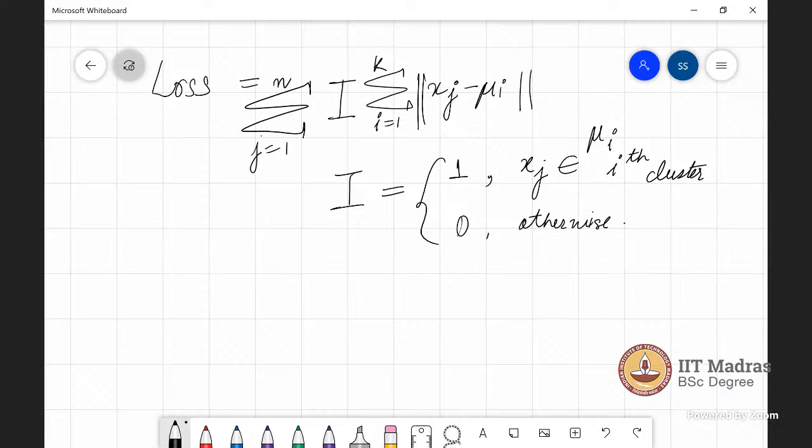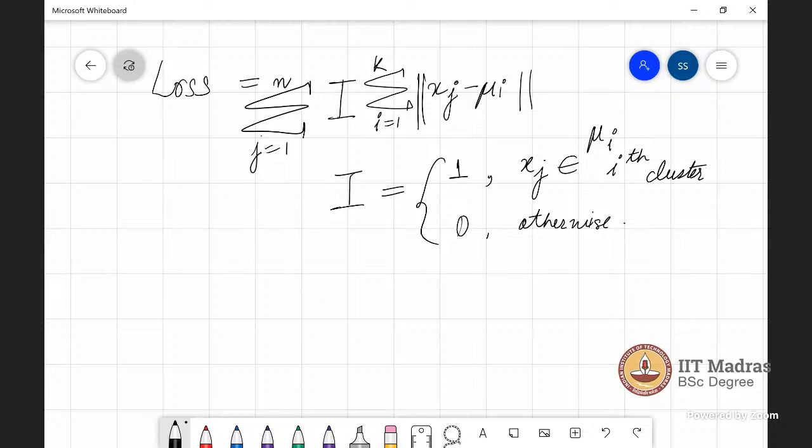Sir, this looks like a measure of dispersion in each of the clusters, so won't the loss just be a number? Yes, it will be a number. Loss is always a number.